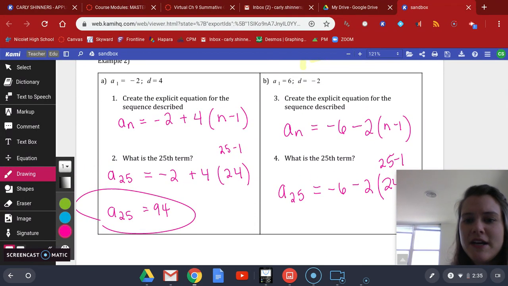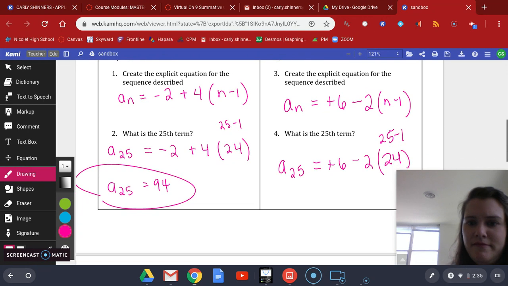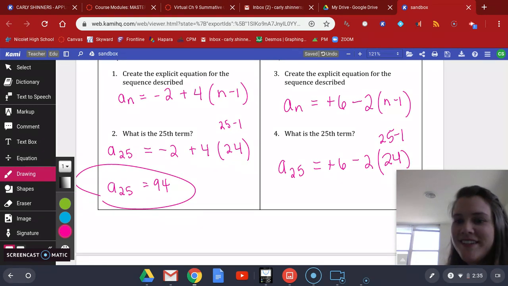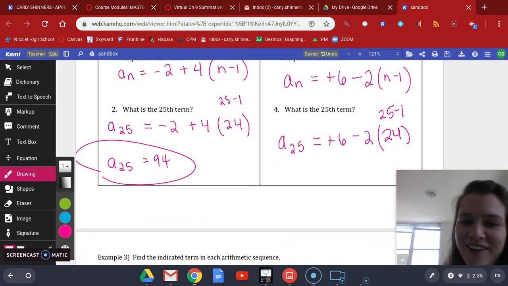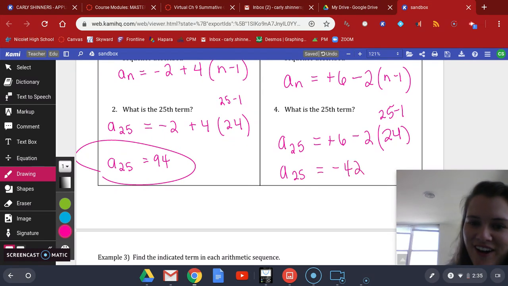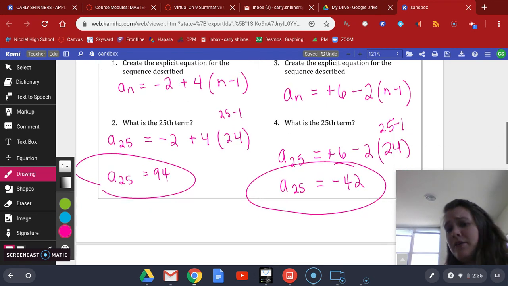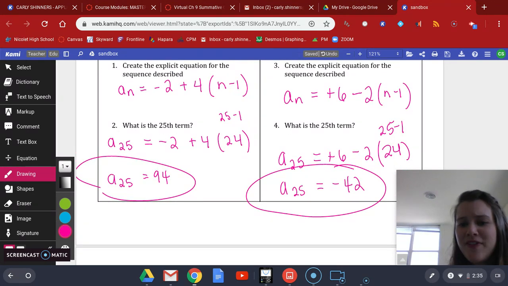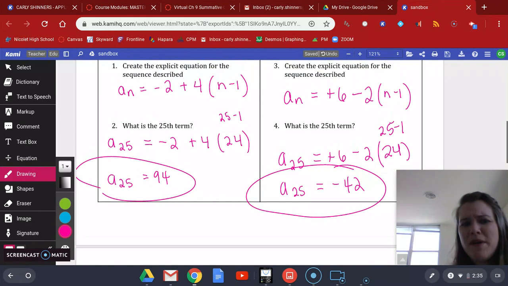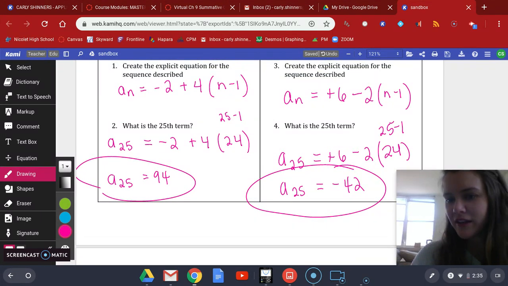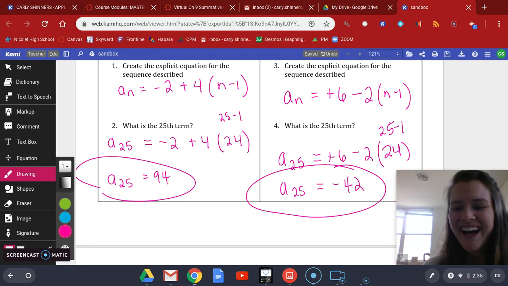So this is a positive 6. I don't know why I wrote negative 6. It's a negative 2, though, and the 25th term is negative 42. All right? Sorry about that, guys. But that's how that would work there. So just make sure you read the problem correctly. Otherwise, you'll get the wrong answer.